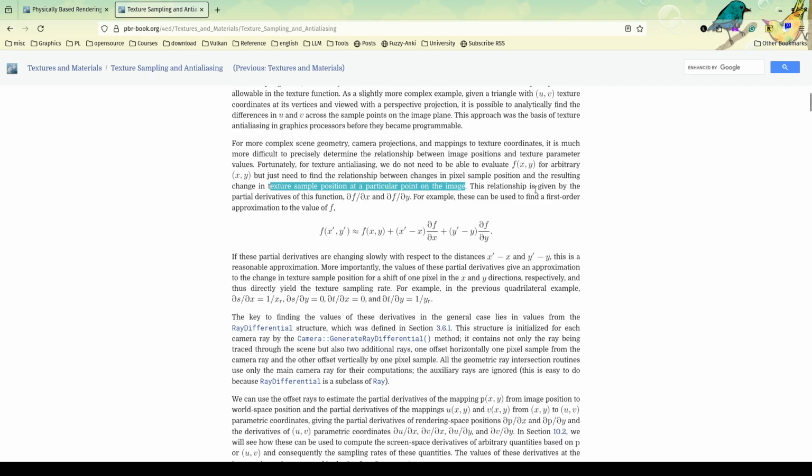This relationship is given by the partial derivatives of the function, partial f partial x, partial f partial y.